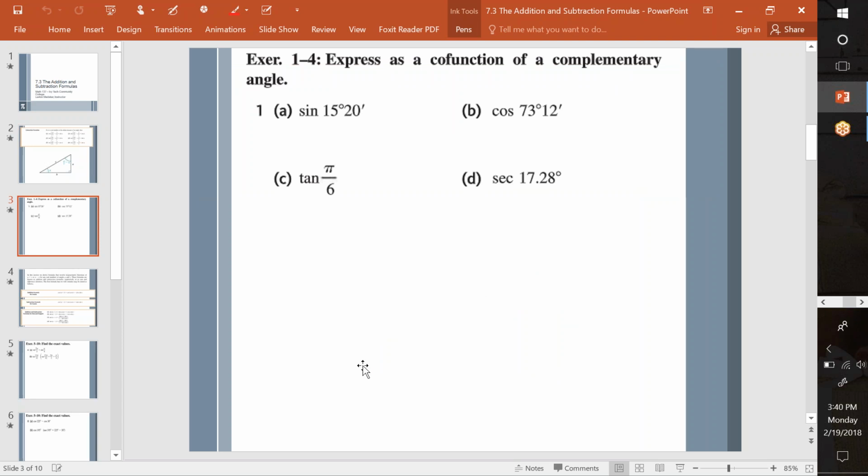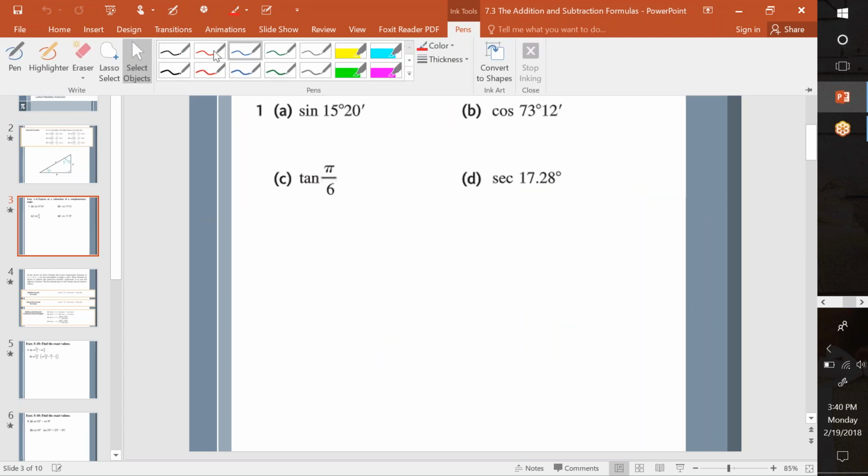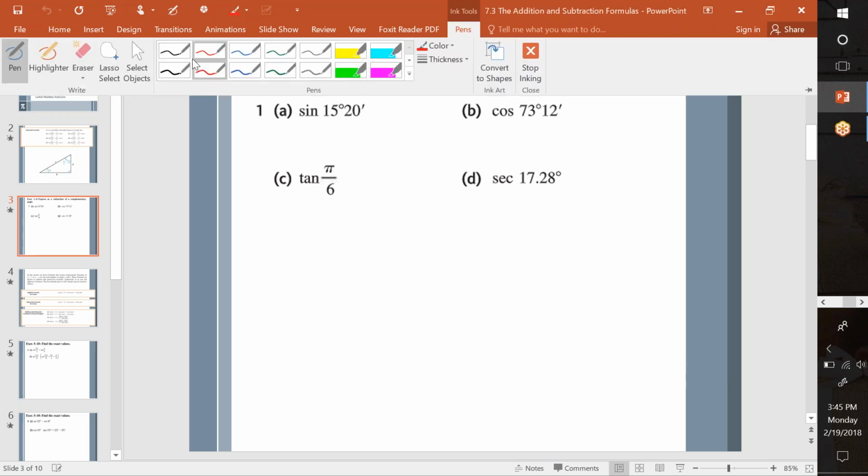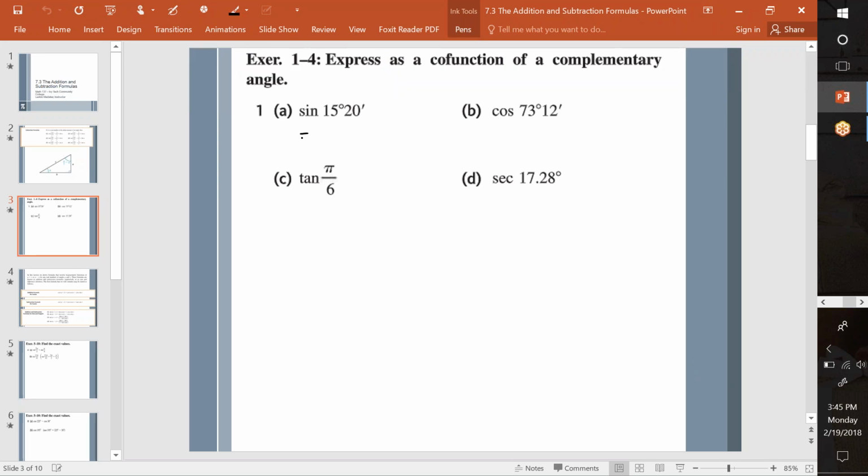So let's use this fact. It says express as a cofunction of a complementary angle. We're looking at this first one that says sine of 15 degrees and 20 minutes. We want to write sine as something in terms of cosine with a cofunction property. So what is the angle that would be inside here?